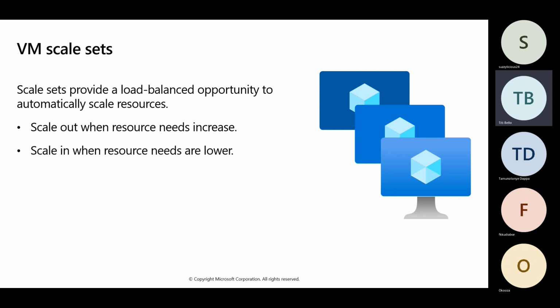So what we mean is, if you want to run a website, for instance, you can create a virtual machine. Now, you realize that there is so much load on that, or so much traffic hitting your web server. So now you want to scale.